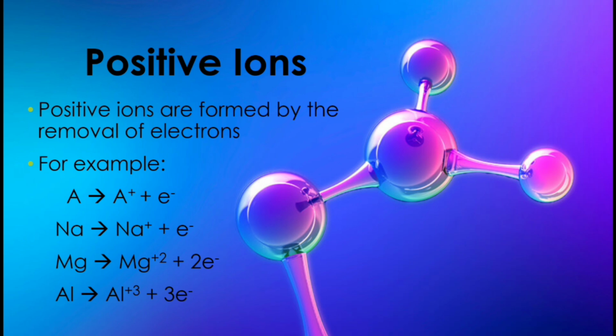For example, we have an atom A. Suppose atom A is going to lose an electron and it will be converted into a positive ion. Like we have a sodium atom. When a sodium atom loses one electron, it will have a sodium positive 1 charge. What about magnesium? When a magnesium atom loses 2 electrons, it will get an Mg plus 2 ion.